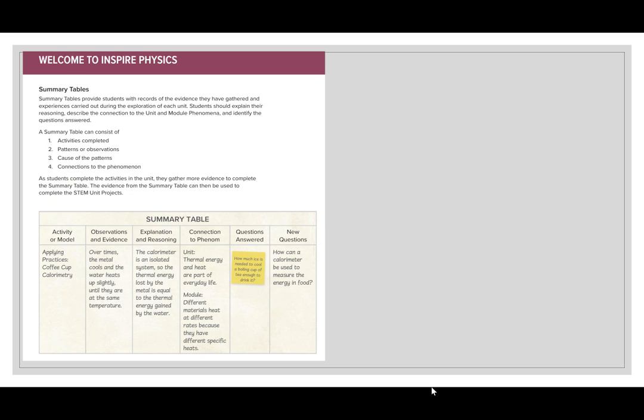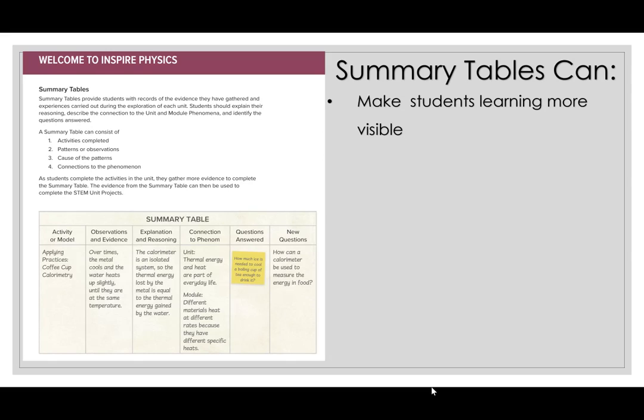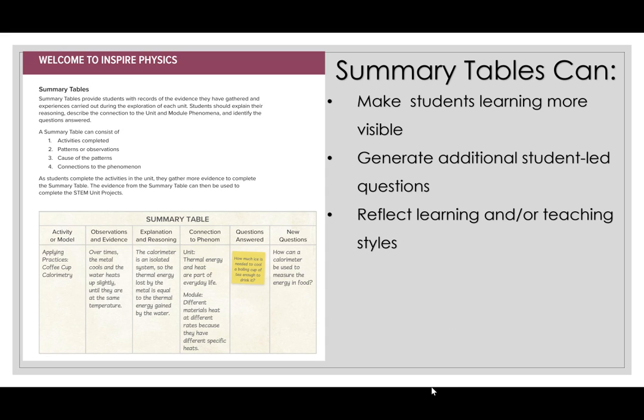There are five key things about summary tables that may help you understand why they are so valuable. Summary tables can make students' learning more visible. They can generate additional student-led questions, which is the purpose of the Next Generation Science Standards.